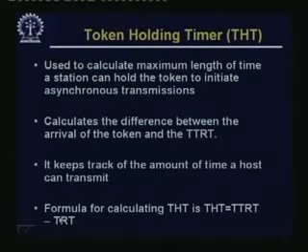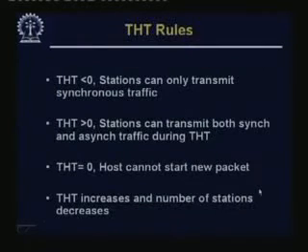If the actual measured time is low, that means the network is lightly loaded, so you can put some asynchronous traffic on it. That is why THT is calculated. It calculates the difference between the arrival of the token and the TTRT, and keeps track of the amount of time a host can transmit. So, the formula is this, and then you have the following rules.